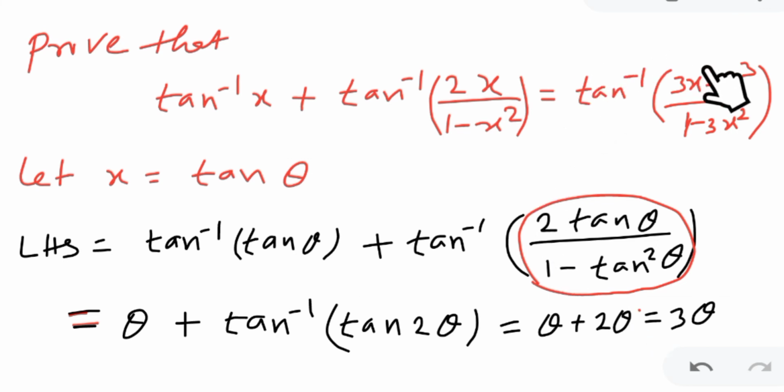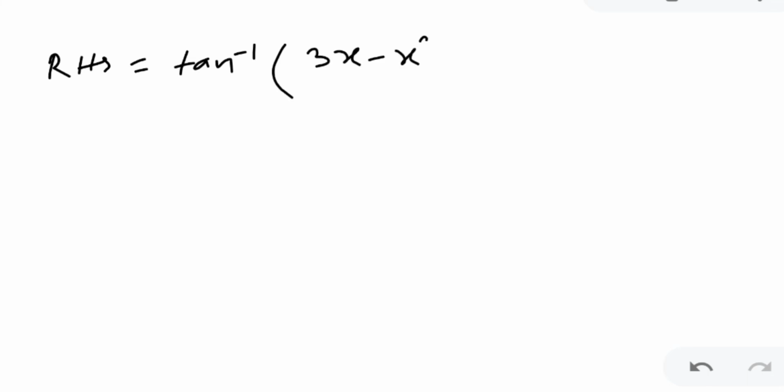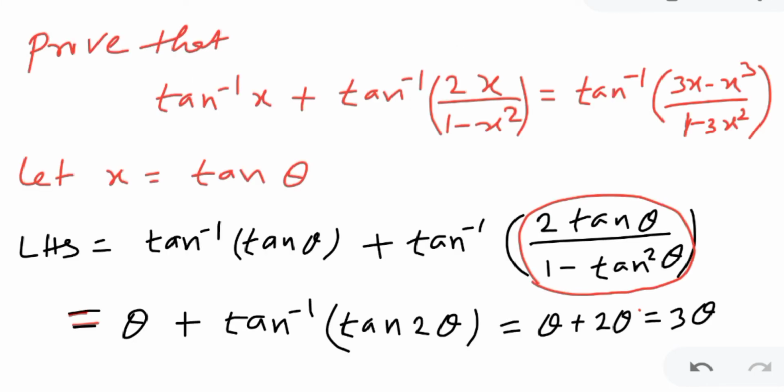Now I will simplify RHS. RHS is tan inverse of 3x minus x cube divided by 1 minus 3x square, and I will replace the value of x as tan theta.